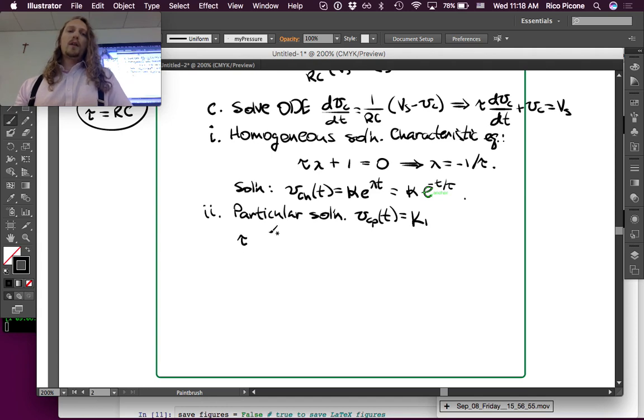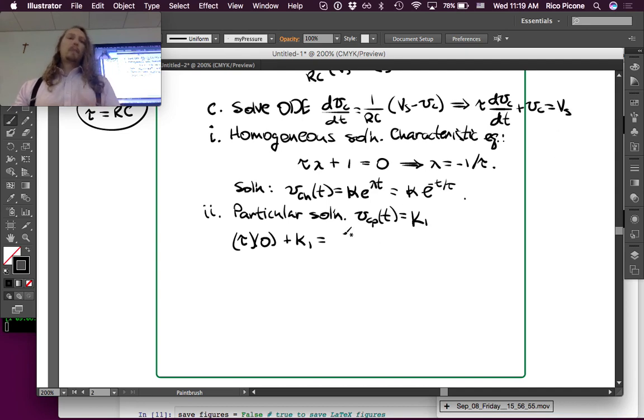So we say, okay, tau times, what happens if I plug in K1 for VC here? Yeah, time derivative of K1 is 0. So this isn't tau as a function of 0, it's just tau times 0. Plus, what's the other term? VC, which we're assuming there's a solution that is just K1, right? And that's equal to Vs.